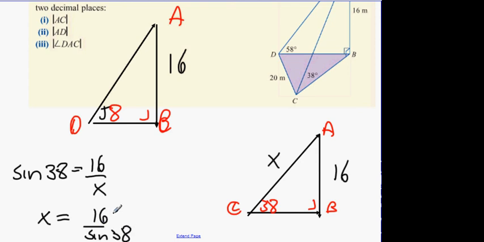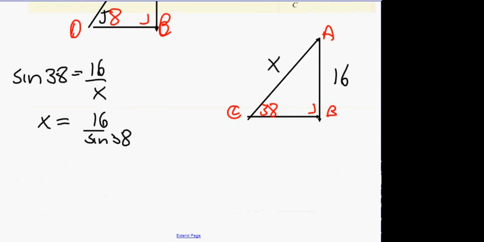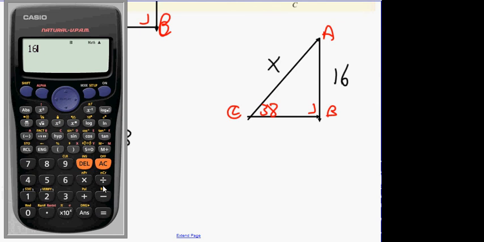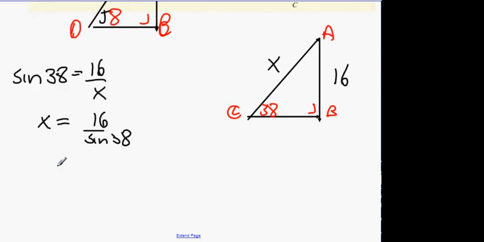What is 16 over sine 38? I think it rounds off to 25.99. Now remember, guys, 2 decimal places. 25.99 is the answer to part 1.